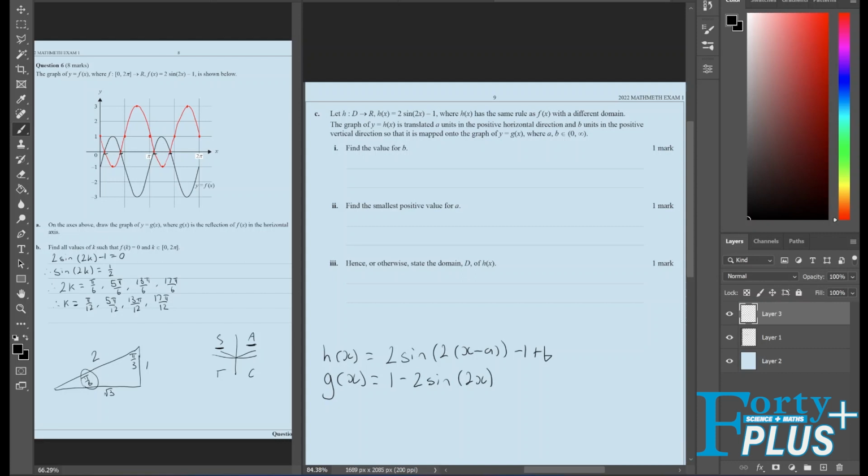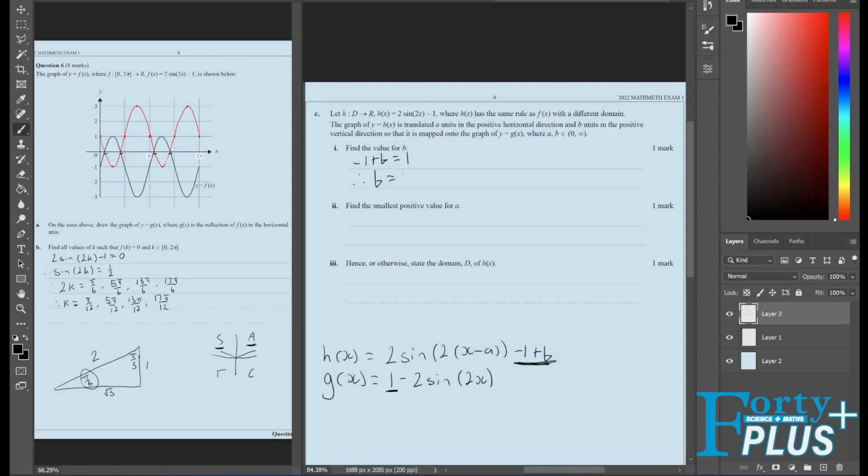So part 1 wants us to find the value for b. In both of these equations, we know that there is some constant term, negative 1 plus b, and in this case, it's simply 1. And for the equations to be equal, those would need to be the same. So we can equate negative 1 plus b to 1.